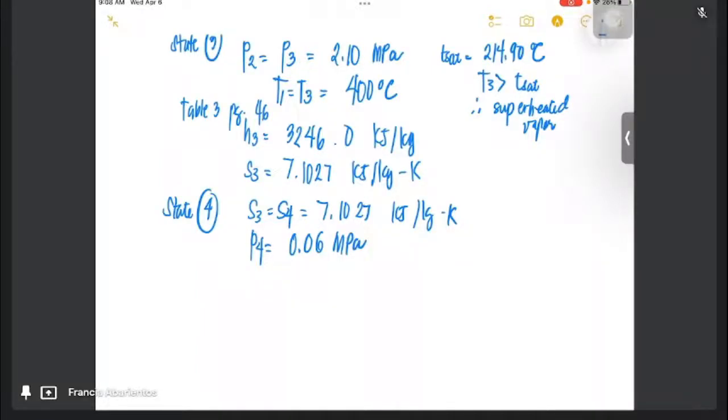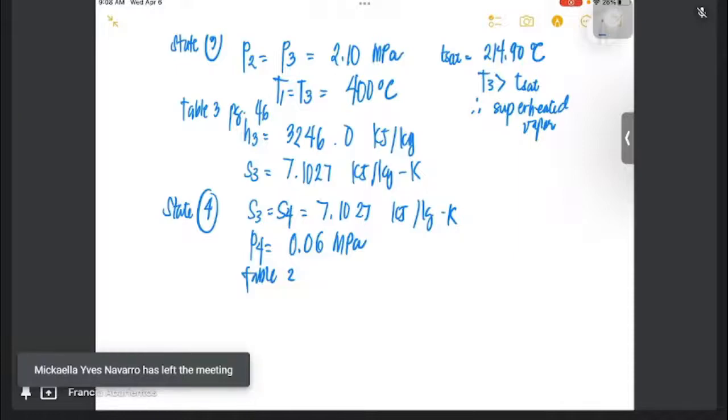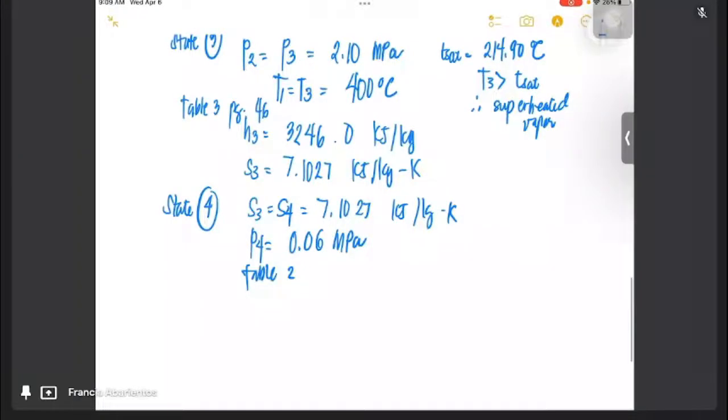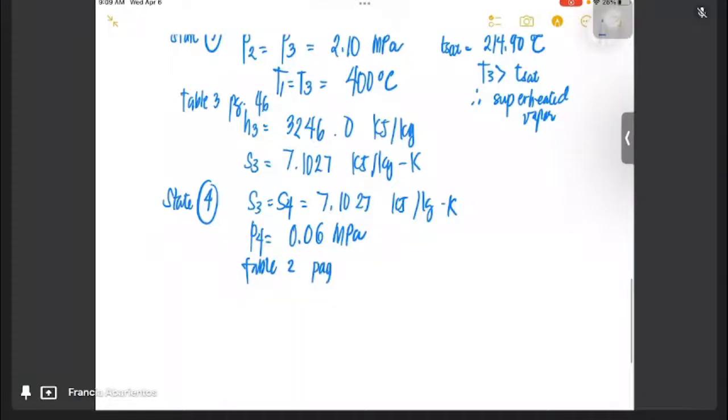Punta ka sa anong table? Table 2, anong page? 0.06. What is now the table? 0.06 class. Walang nakikinig kay ma'am. This is page 9.